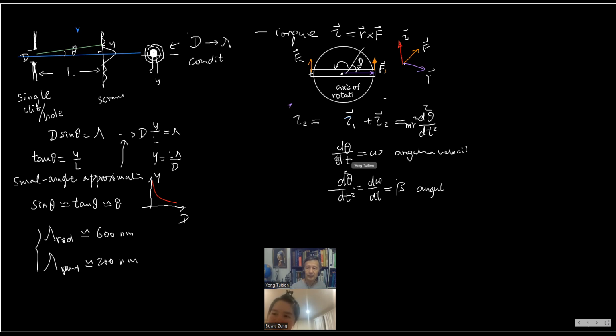So for the torque, we probably will take a few examples to digest this formula. When you involve rotation, like the bicycle question, you have to consider the torque, not just the force. Make sense?